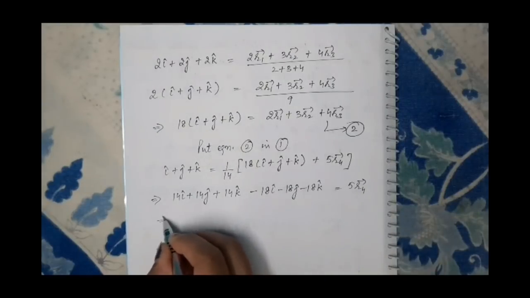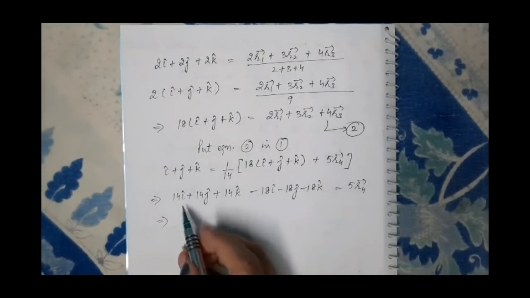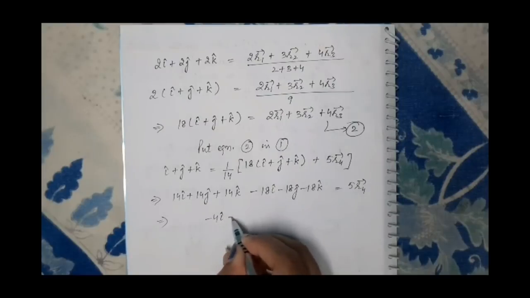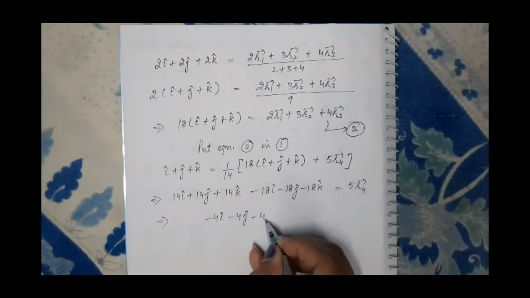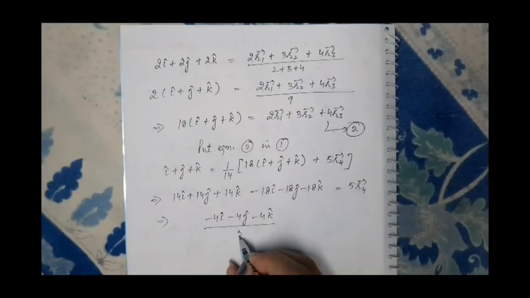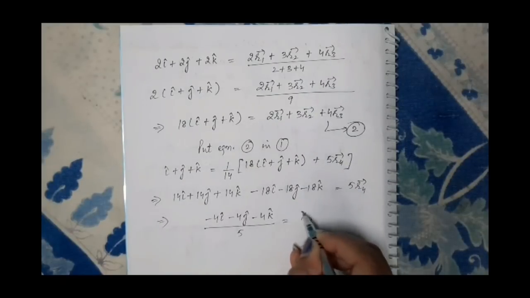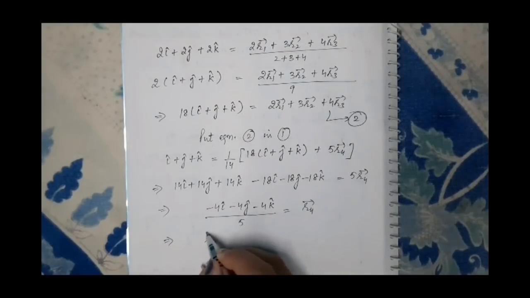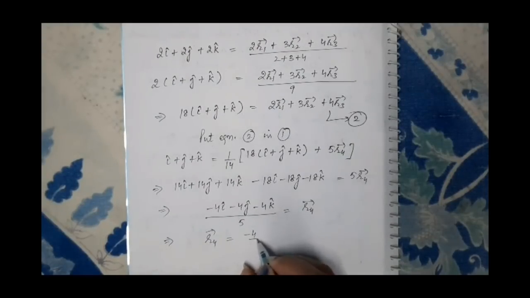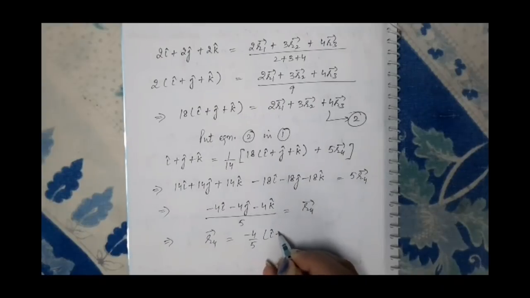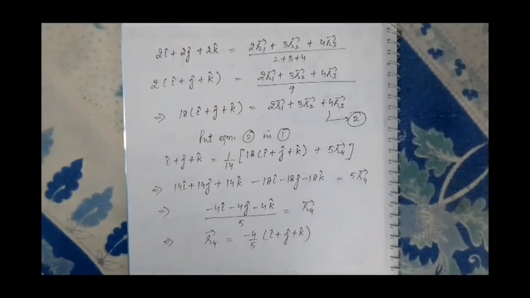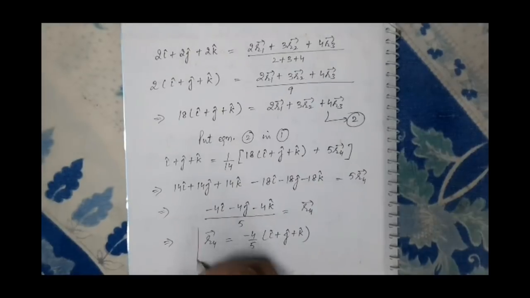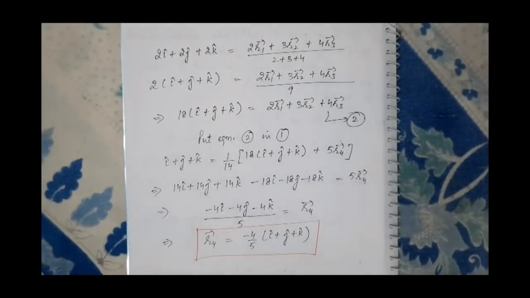So it will be minus 18i plus 14i, minus 4i cap minus 4j cap minus 4k cap, divided by 5, equal to r4 vector. So r4 vector is, take minus 4 by 5 common, i cap plus j cap plus k cap. So this is the required position vector of mass 5 kilogram.